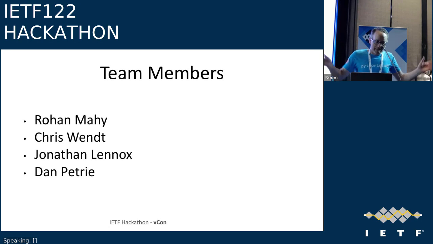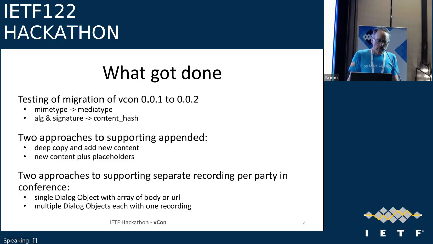And so the participants, you can see them here, and what did we get done? Well, we tested some code that proved that we could migrate over the upward incompatibility because we had some parameter name changes, and we did some exploration on approaches for doing appended: doing a deep copy versus an incremental content change, and then placeholders or references to the original vcon.